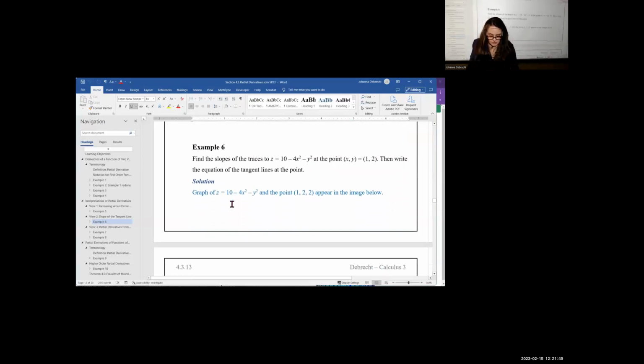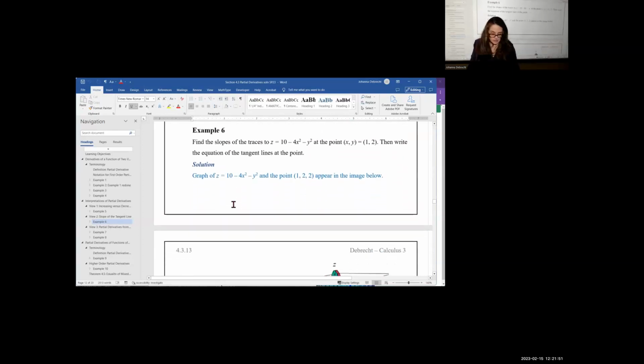Let's go ahead and take a look at example 6. So in example 6, we want to do exactly what we did in the previous work. We want to find the slopes of the traces to z equal 10 minus 4x squared minus y squared. Again, downward opening paraboloid, I believe, at the point where (x, y) equals (1, 2).